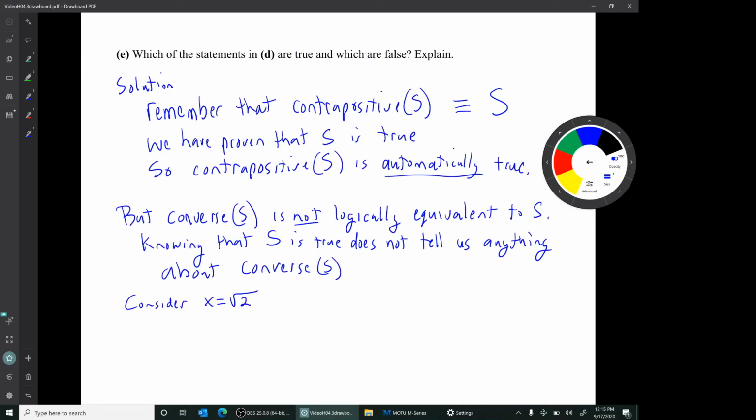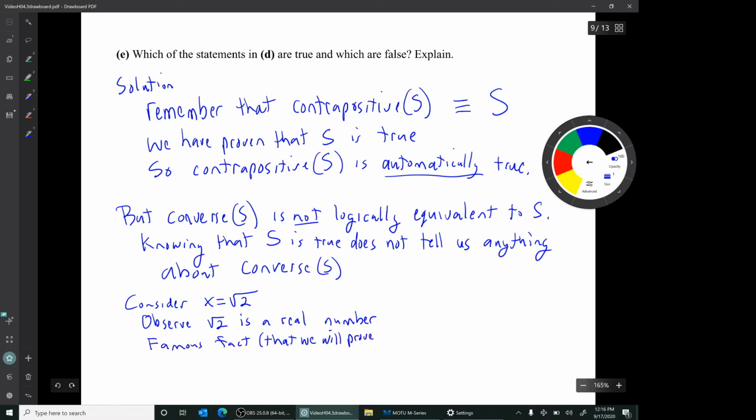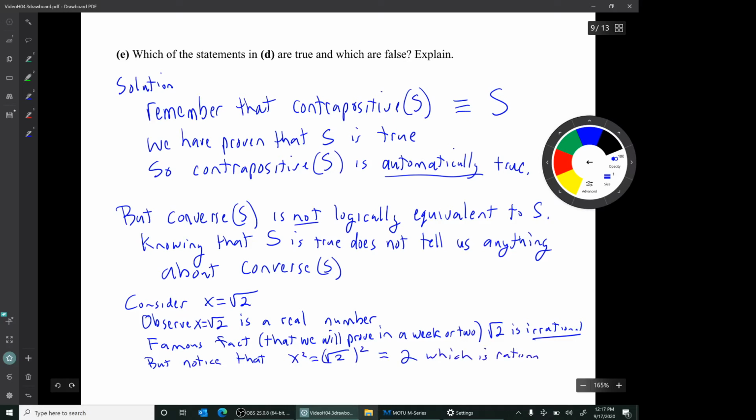Square root of 2. Square root of 2 is a real number, and it's a famous fact that we'll prove in coming weeks that square root of 2 is not rational. Square root of 2 is irrational. But also note that if I square the square root of 2, I get 2, which is rational.